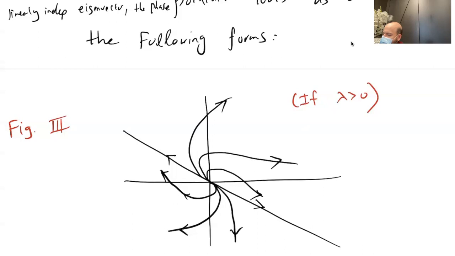And this one figure 5. So we use figure 4 above to complete the phase portrait.